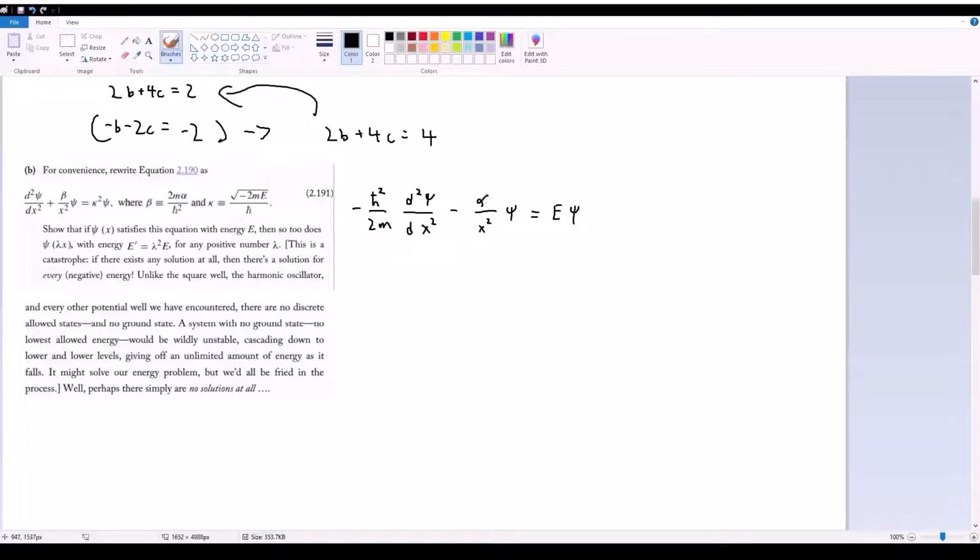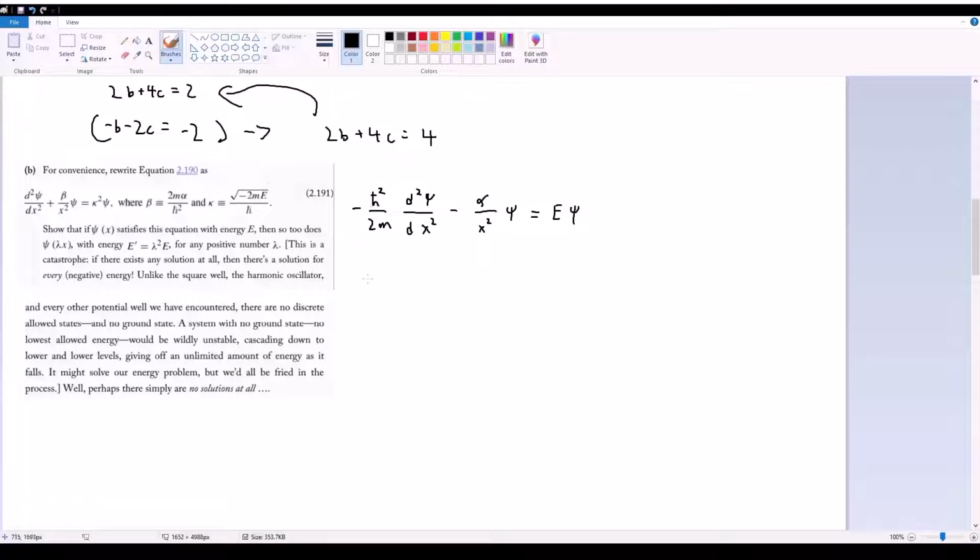So immediately, the first thing we notice is that we have a negative alpha term here instead of a positive beta term, and we note that beta is equal to 2m alpha over h bar squared. So what that tells me is that maybe I should just multiply both sides by negative 2m over h bar squared. And conveniently enough, that is exactly the reciprocal of this.